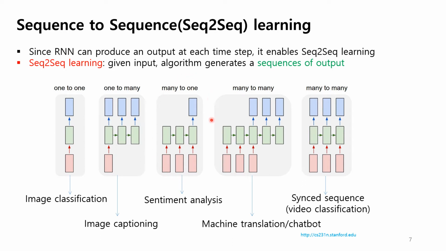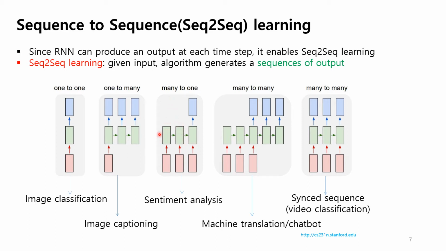This is another example of sequence to sequence learning. In this case, input is a sequence and output is just one. The typical example is that you provide a sentence, which consists of many words, each one here being an English word. In the earlier steps, we do not generate outputs.